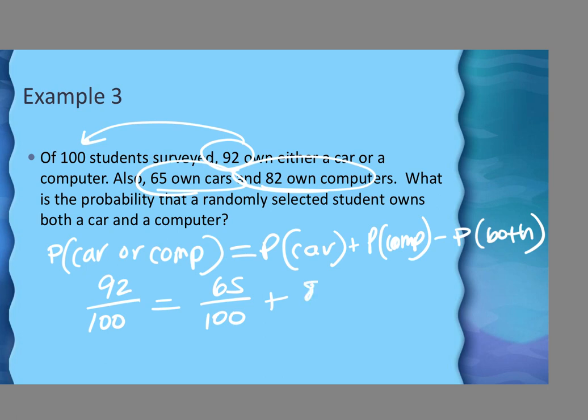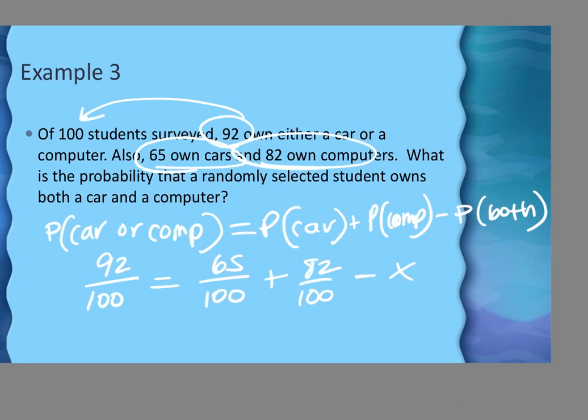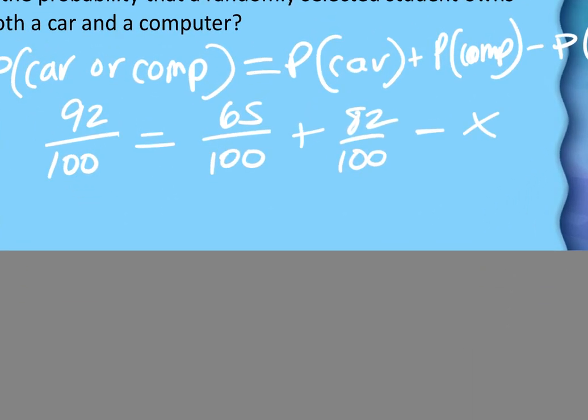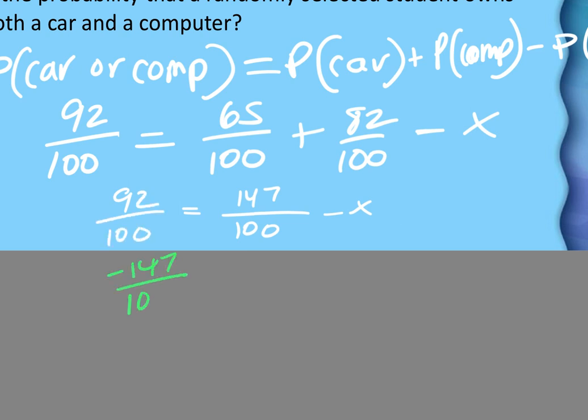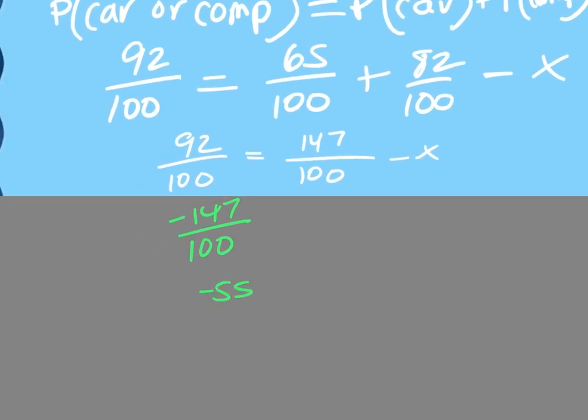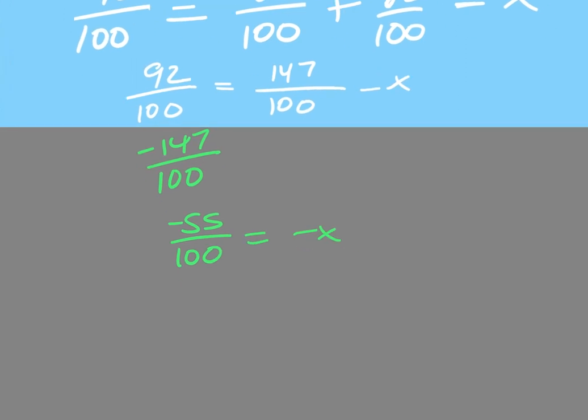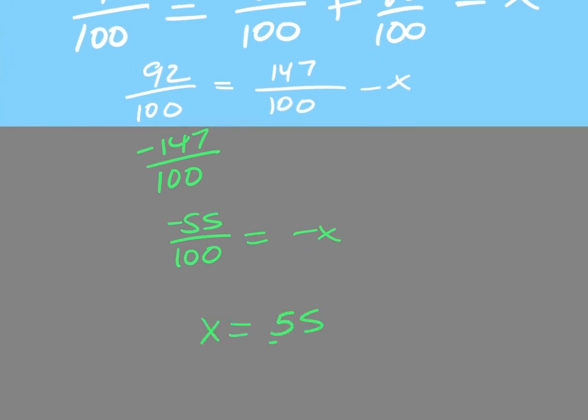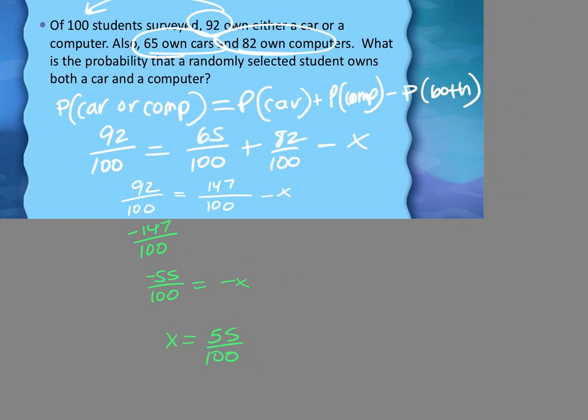The computer is 82 out of 100, minus, and that's what we don't know. So if I combine these together, 65 plus 82, that's 147 out of 100 equals 92 over 100. Subtract the 147, and you get negative 55 over 100 equals negative x. So 55 out of 100 would have both the car and the computer.